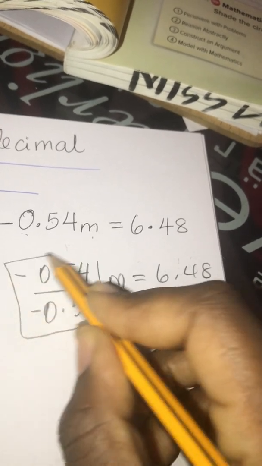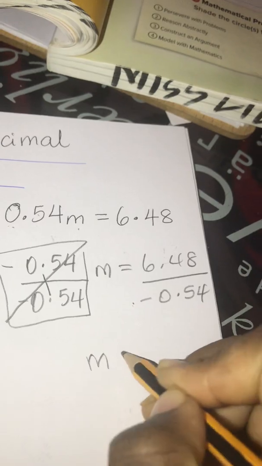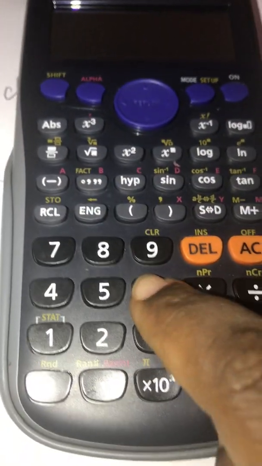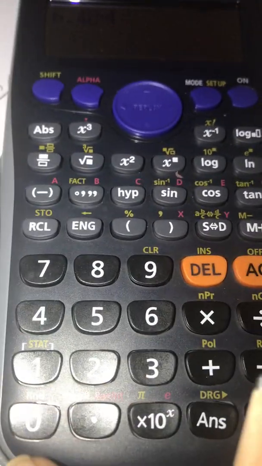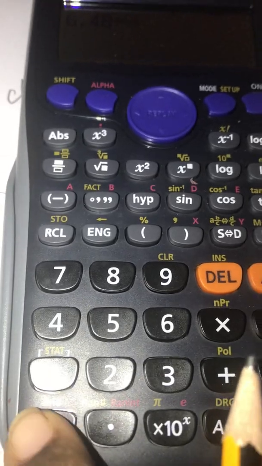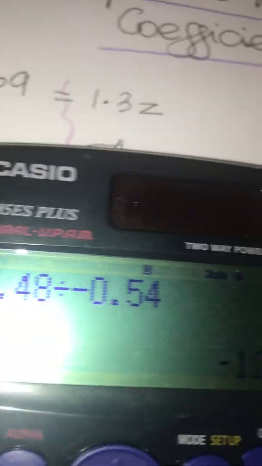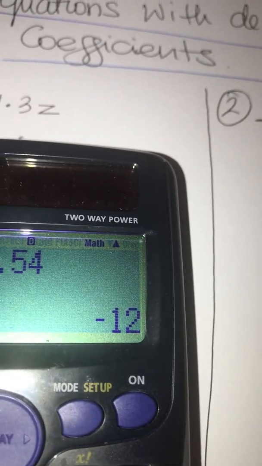This and this goes away because it becomes 1. M equals, then I do 6.48 divided by negative 0.54, and I get 12. M is 12. So this is my answer.